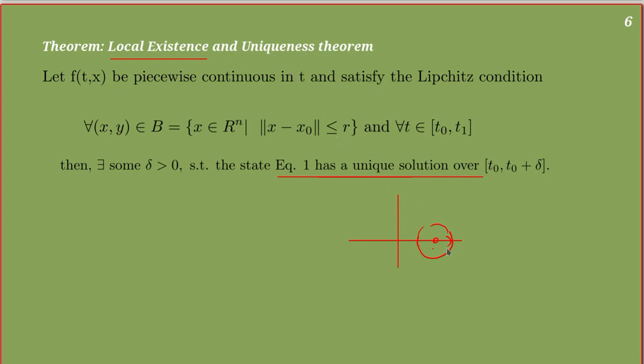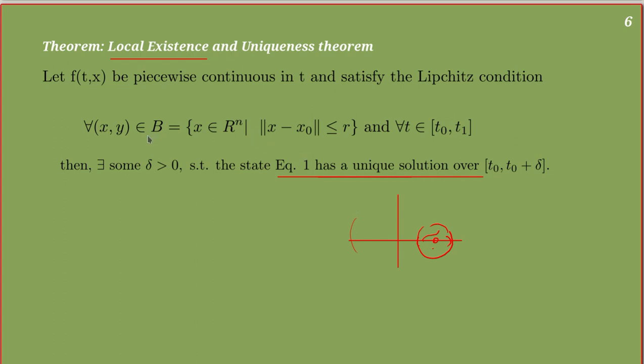This only shows that within the neighborhood of the initial condition (t0, x0), the existence and uniqueness are guaranteed, but it is not true for the whole domain. That is why it is called a local existence theorem, because we had considered only a small ball here.